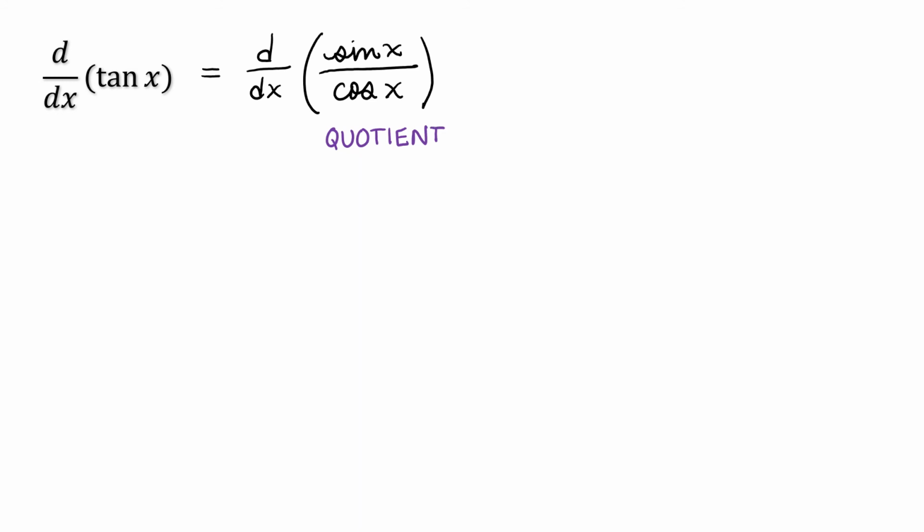So we can use quotient rule on this, where in the numerator we have this sine of x, and in the denominator we have this cosine of x.